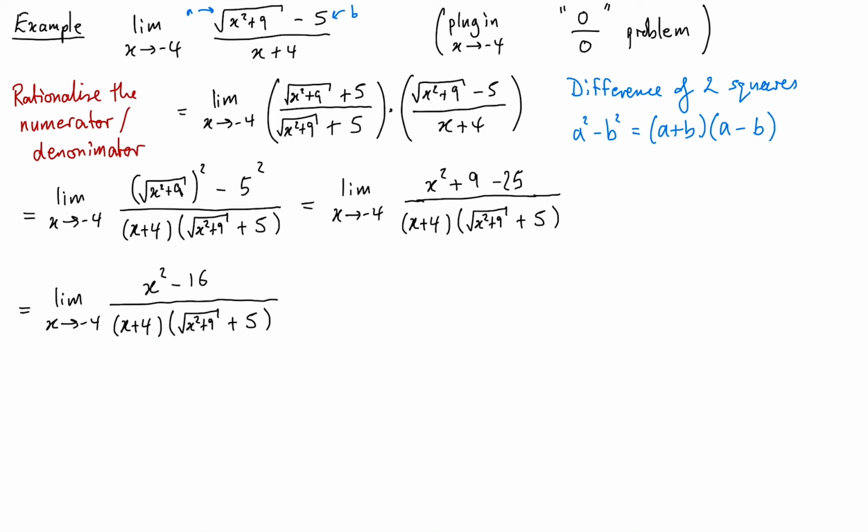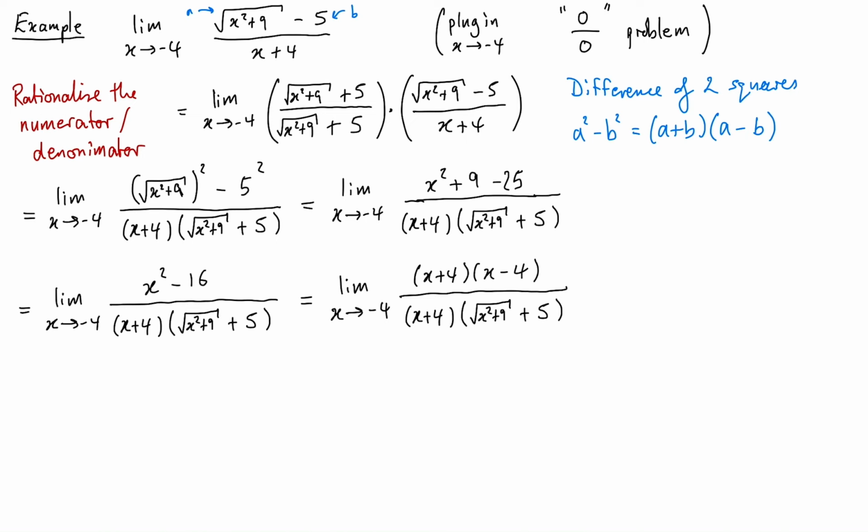Now we're actually going to use the difference of two squares backwards, because on the top we see the difference of two squares. Alternatively, you can just say, we've got a polynomial, let's factorize it. Always got to keep writing this, very tedious, but got to keep track of what's going on. Factorizing that polynomial, we get x plus 4 times x minus 4.